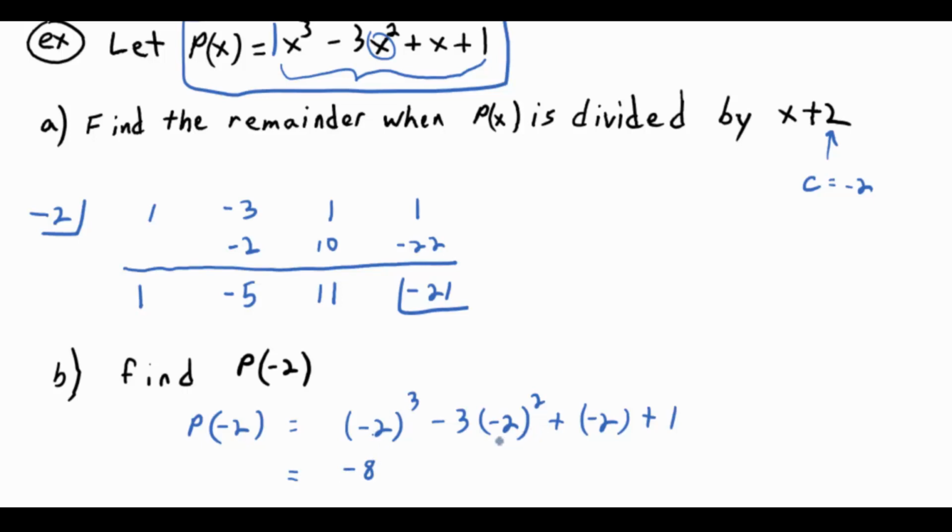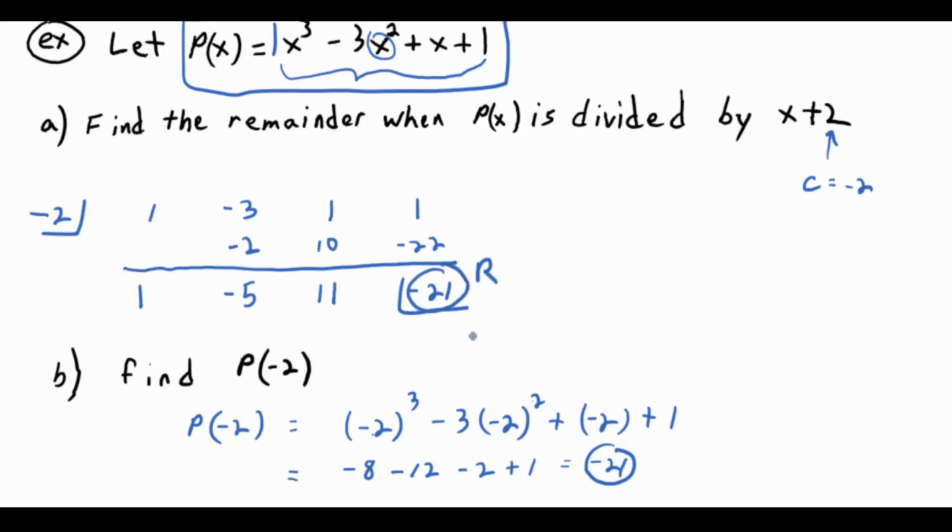Negative 8. Okay, do the exponent first, you get positive 4, don't you? Times negative 3, minus 12. So there's minus 20, right? And then minus 2 gets you what? Minus 22. Plus 1 gets you negative 21.